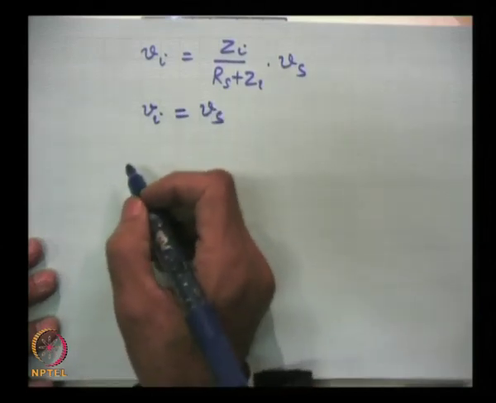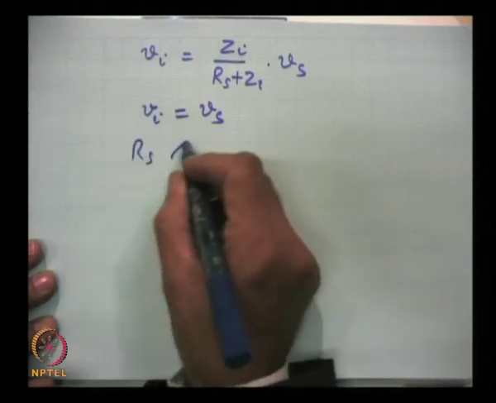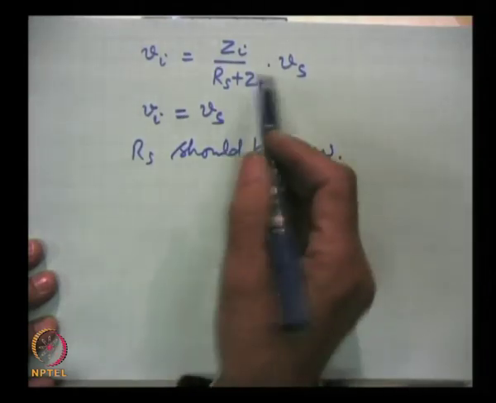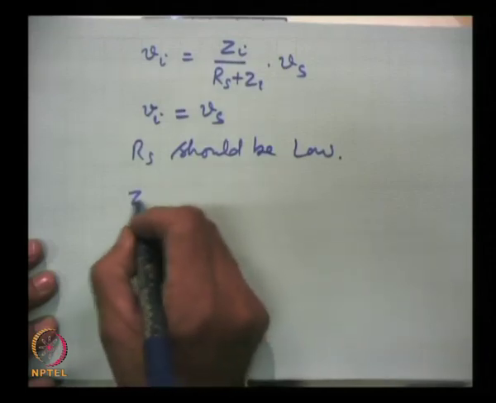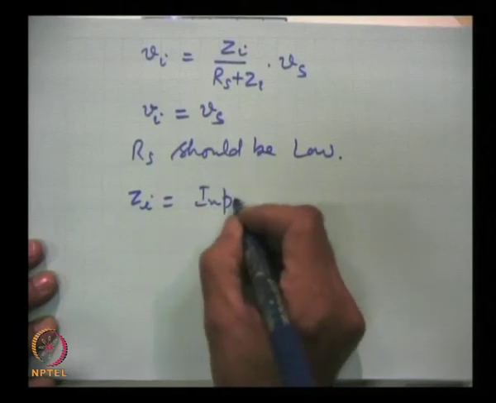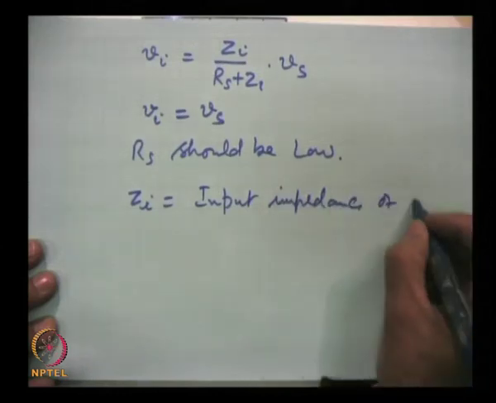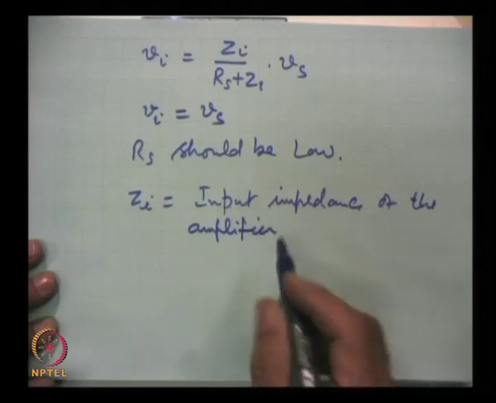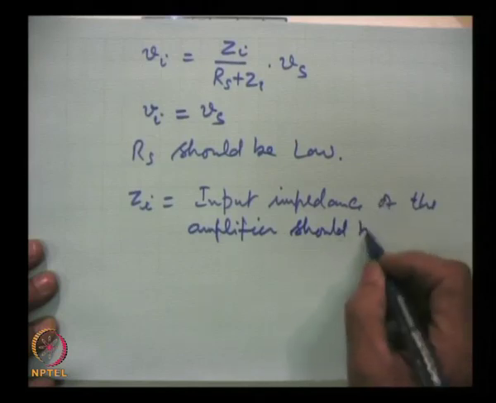So, we should use a source which has low resistance, R s should be low, and this condition can also be satisfied if Z I, the input impedance of the amplifier, is as high as possible.